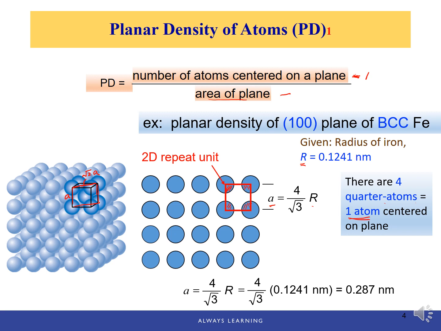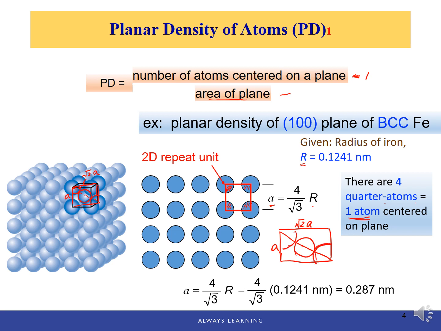And the atoms are in touch along this body diagonal. So here's one atom in the center, and half here, half there. If I bring it out in the 2D plane, this is the side a on the top, square root of 2 a, and the atoms are lying over here.